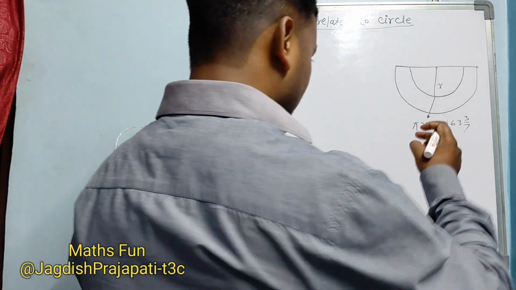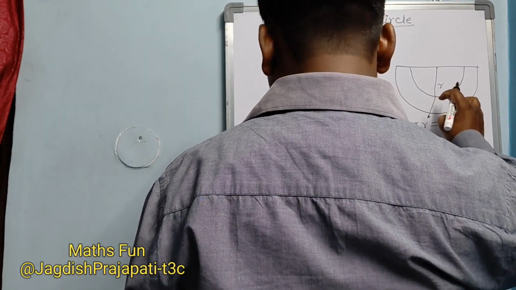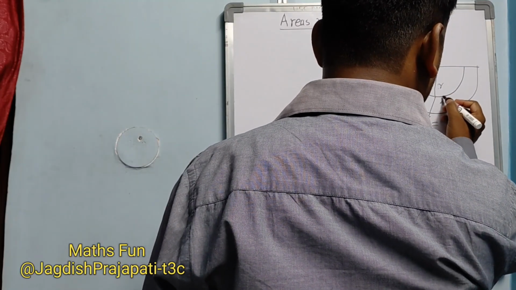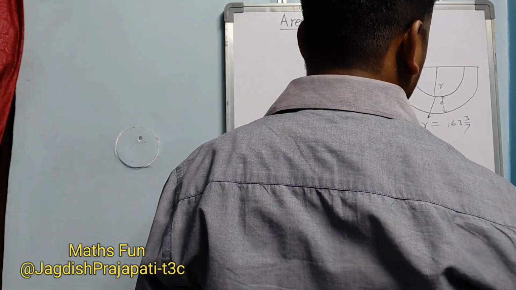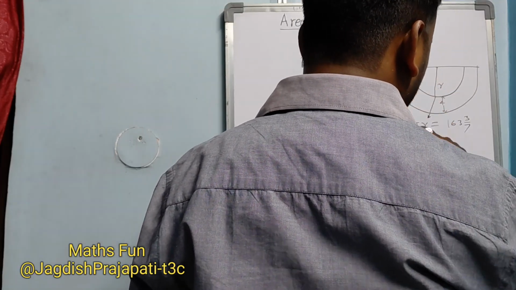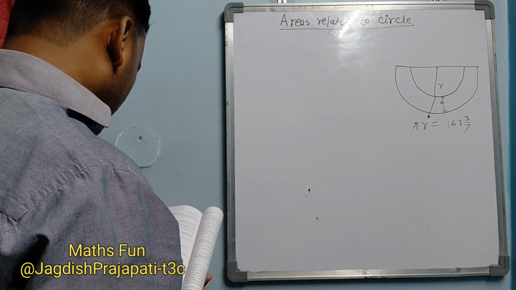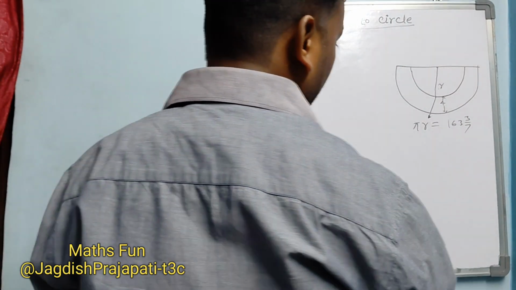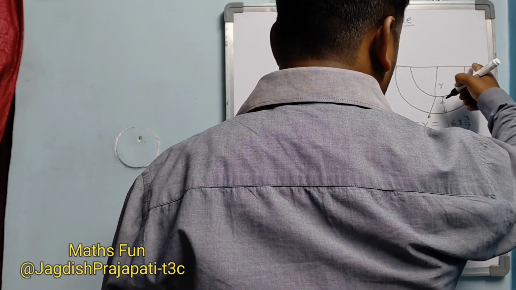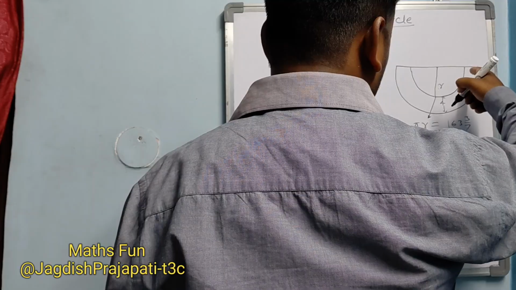And since this path is 4 meter wide, everywhere it is 4 meter. So the outer radius will be the sum of the inner radius plus 4. And then you can find out the area of the path. The area of the path will be the area of the outer semicircle minus the area of the inner semicircle. Okay.